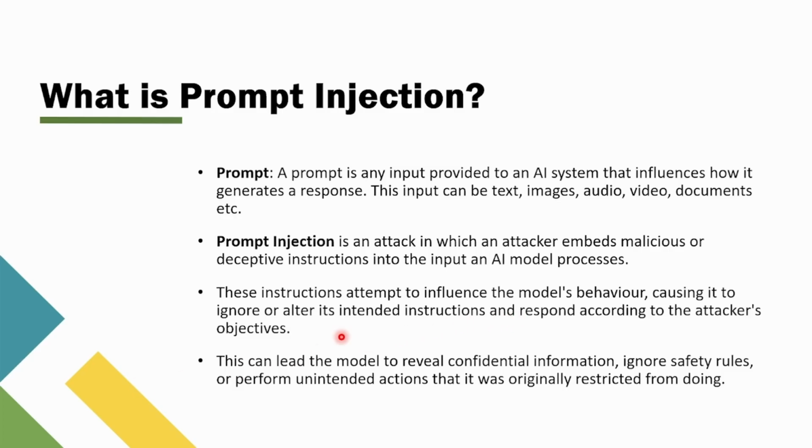The attacker tries somehow to make the AI model follow his order instead of the intended instruction that is already given to that AI model. Now, if the attacker successfully deploys a prompt injection to the AI model, then the model can reveal confidential information, ignore its pre-existing safety rules, or perform any unintended action that it was originally restricted from doing. I hope you understand what is prompt injection and why it is dangerous.